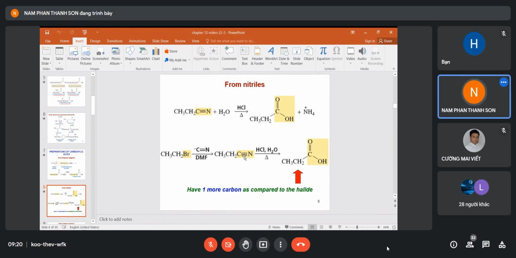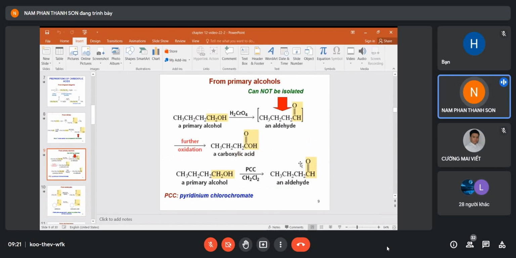Here we have ethyl nitrile, and we hydrolyze the nitrile, and then we have carboxylic acid. Also in this method, we add one more carbon atom to the carbon skeleton. For example, here ethyl bromide has 2 carbons, but in this carboxylic acid we have 3 carbons. So we add one more carbon compared to the starting alkyl halide.